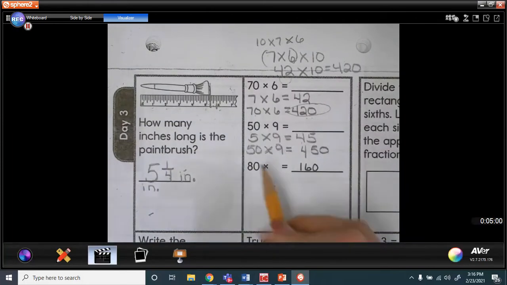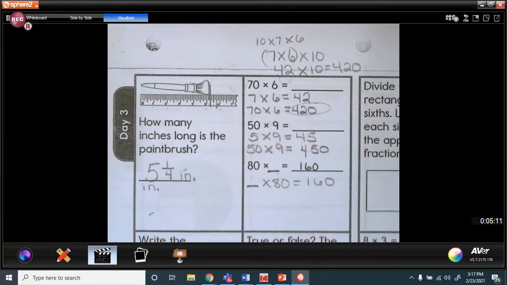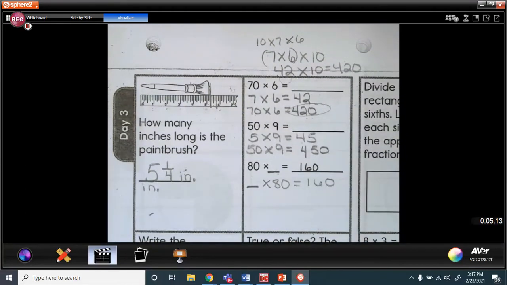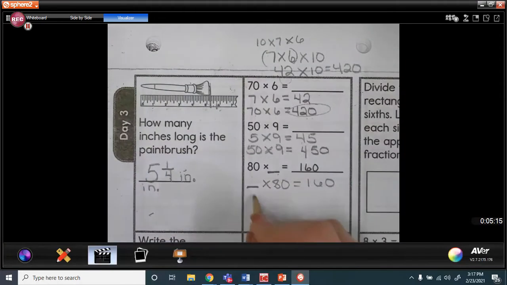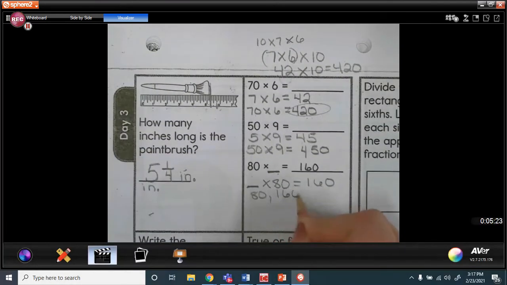Let's take a look at this next one. How many groups of 80 would it take to make 160? Well, one group of 80 is 80, right? What's 80 plus 80? Well, if you said 160, you'd be correct.